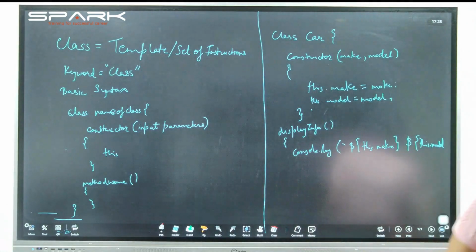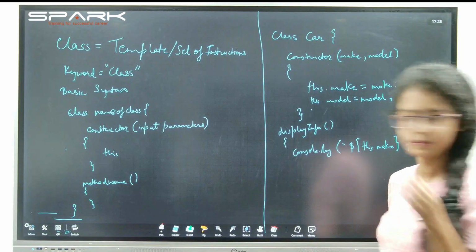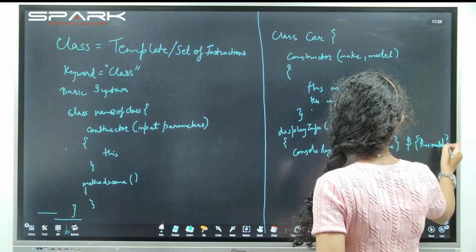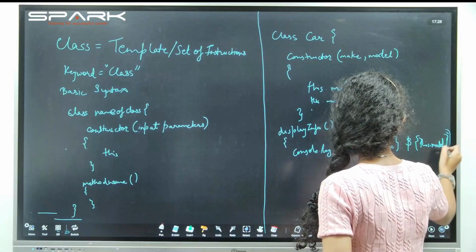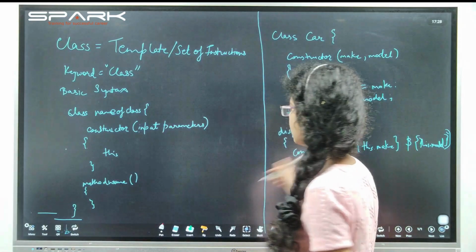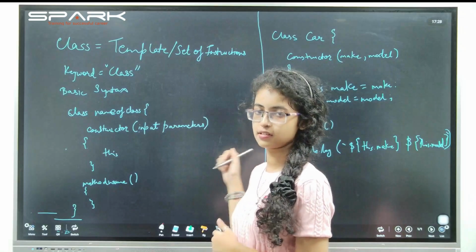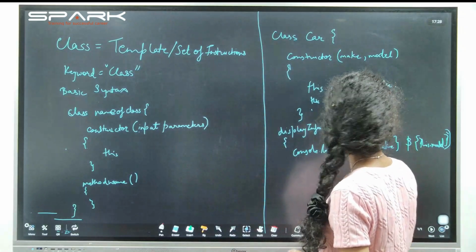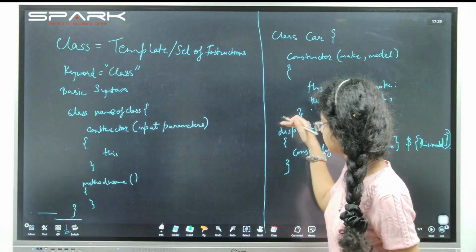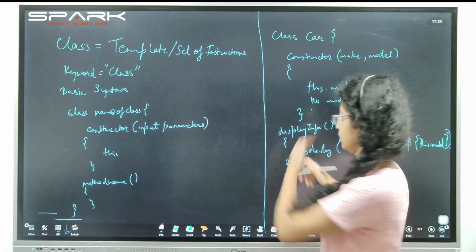So basically we use this console.log to print the sentence. That's it. This is the displayInfo method.